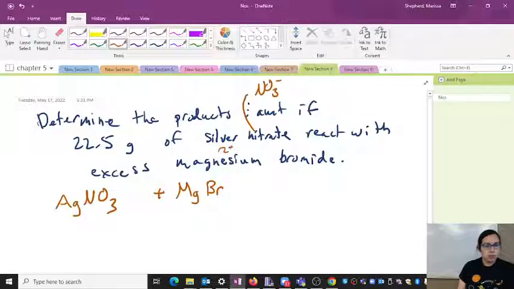So 2, and bromine is usually what? -1. So then what should my formula be to give us a neutral compound? So MgBr2. Good. And now we have to figure out, what are my products?